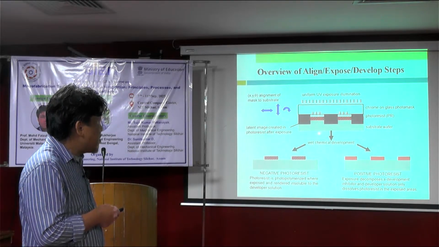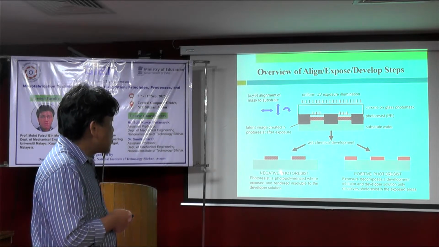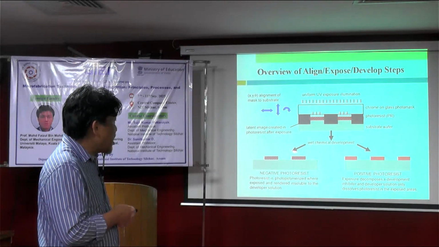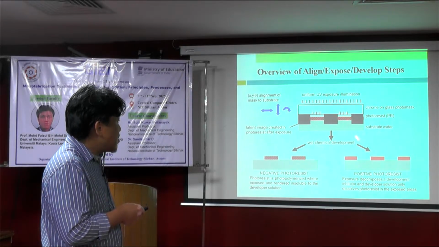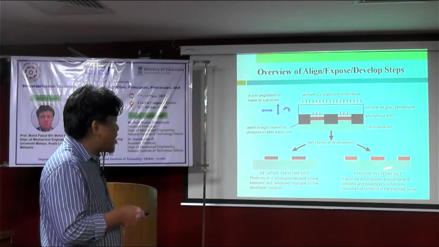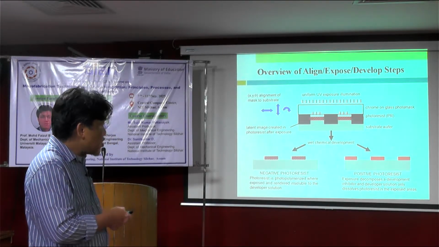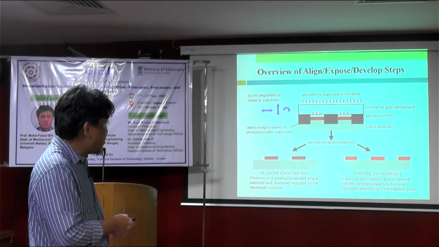So then it depends on what kind of photoresist you are using. So if it's negative, you can get this pattern. The exposed part will be the pattern. If it's a positive photoresist, the unexposed part will be the pattern, meaning the exposed part is removed. So this is, I mean, a repetition of what we have seen before.